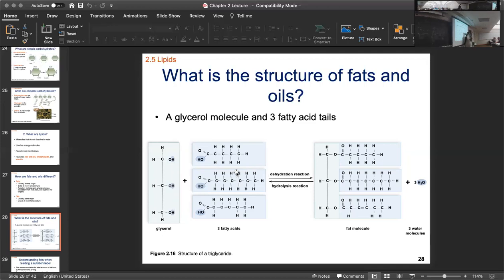When we remove those 3 waters, what reaction is that? Dehydration or hydrolysis? Dehydration, great job. I'm going to take those waters away, and I'm going to make this macromolecule called a fat molecule. It's made up of 3 fatty acid tails and a glycerol molecule.